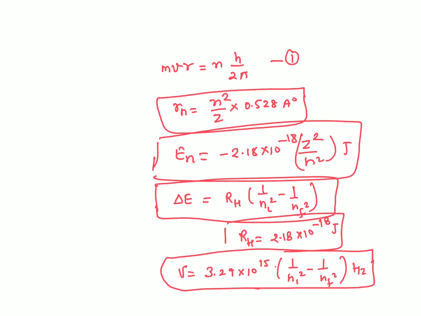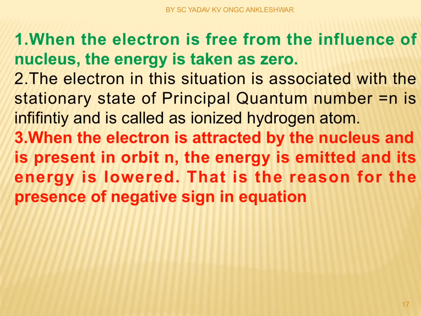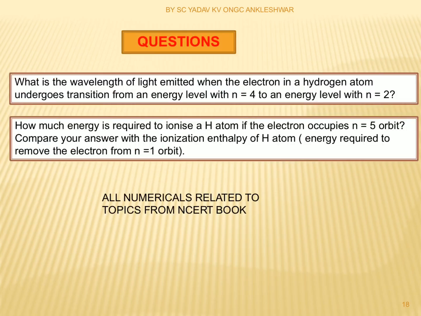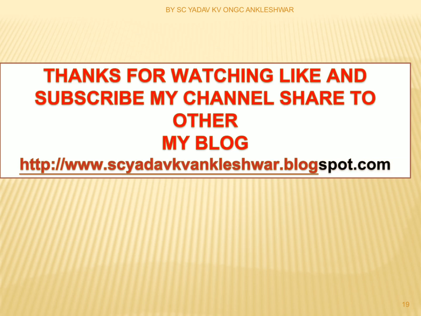So use this formula to calculate the frequency of radiation required for the transition of an electron from one energy level to another, or when an electron jumps from one energy level to another, what would be the frequency of the radiation emitted. So my dear student, these are the 5 very important formulas we studied today. On the basis of these 5 formulas, you should solve some numericals given in your NCERT book, and when you solve the numericals, you will get a clear-cut concept.